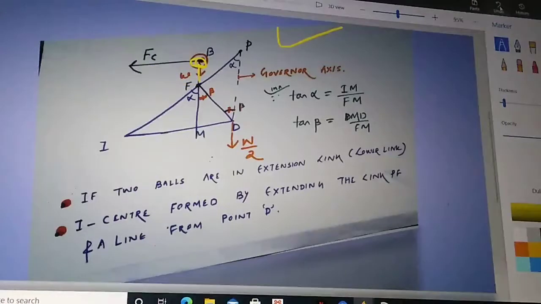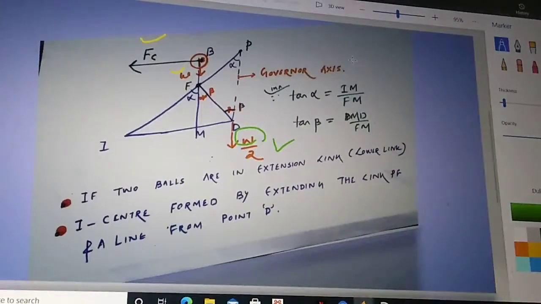I'm clearing out all this. This is Fc and this is small w. Only consider the forces, and capital W is the load of the central weight, or central load. Why is it W by 2? Because we are considering one half portion here, and it is divided into two parts. That is why W by 2.